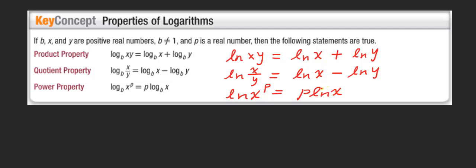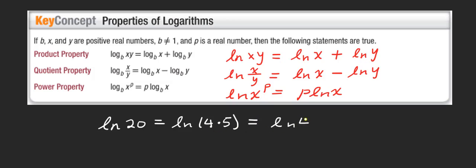Now, this property applies to natural log because if you think about it, natural log is just log with base e. The common mistake that I see among students is that when you have, let's say, natural log of 20, which is the same thing as natural log of 4 times 5, they think this is natural log of 4 times natural log of 5.